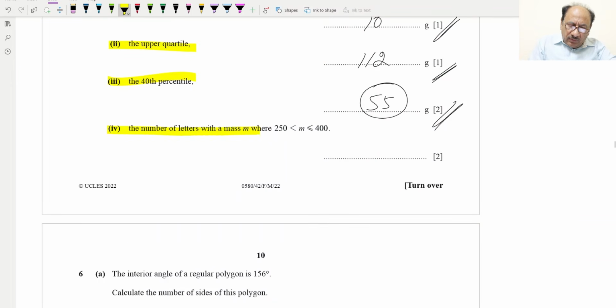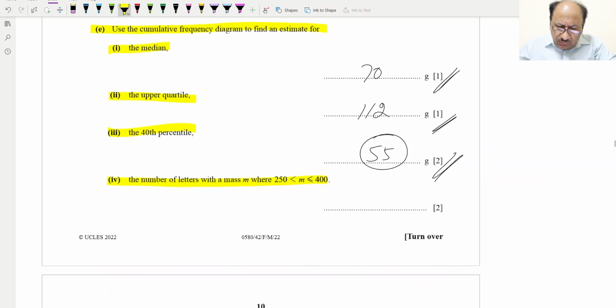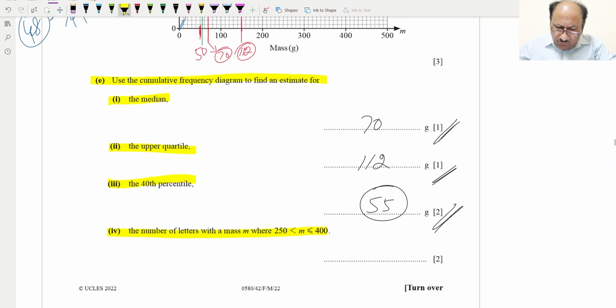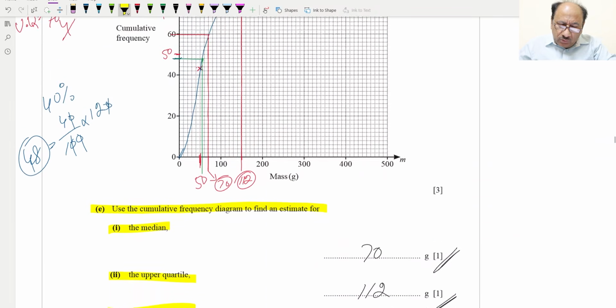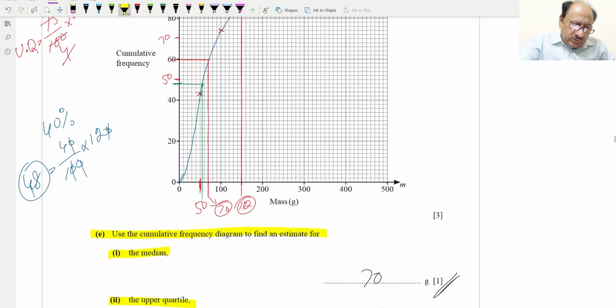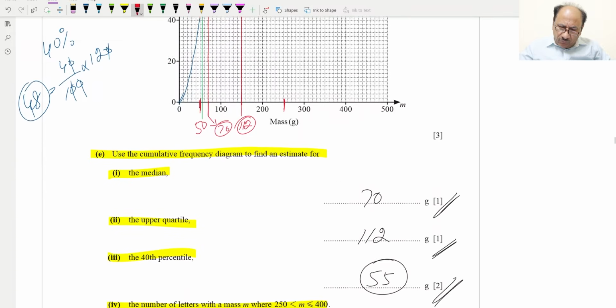Then they are saying the number of letters with a mass m, where m is greater than 250 and less than 400. So 250 will be in the middle of 200 and 300. So 1, 2, 3, 4, 5. This will be the reference, and up to 400.